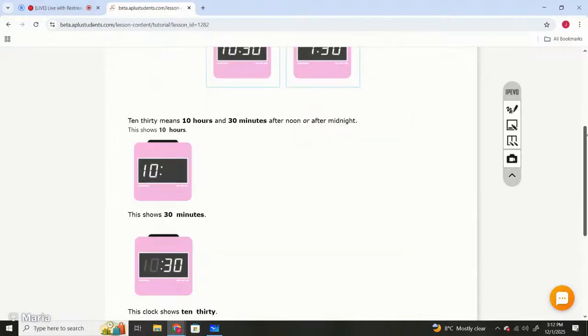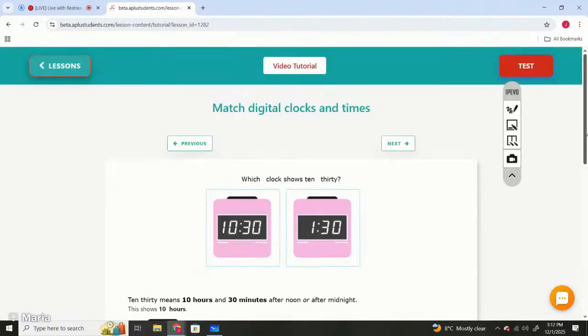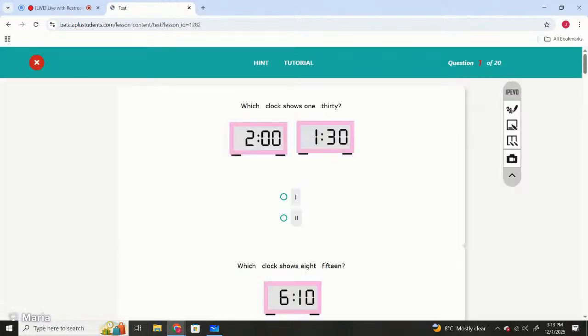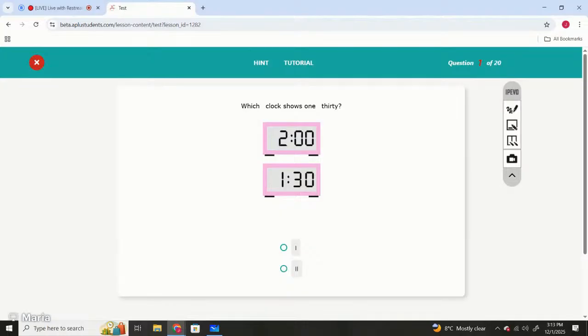So the first one shows 10:30. Let's just start with the test questions. Which clock shows 1:30, which is the correct option?